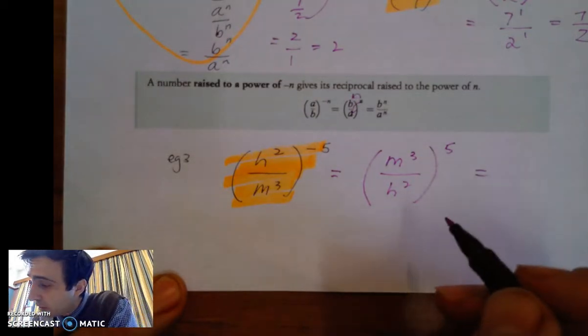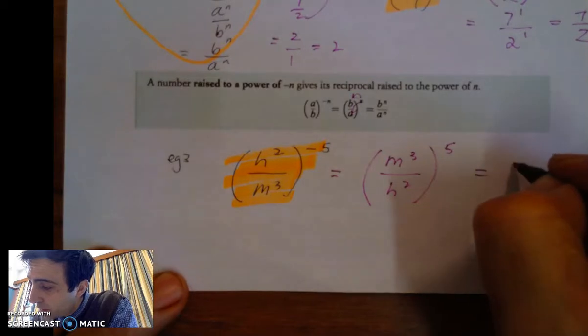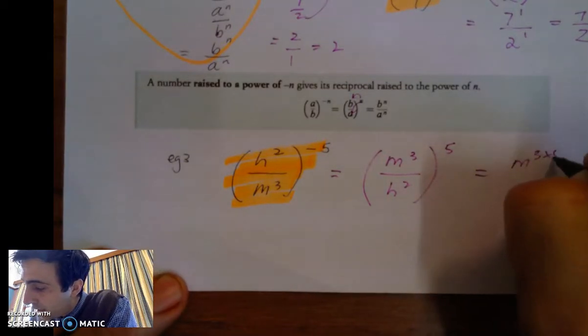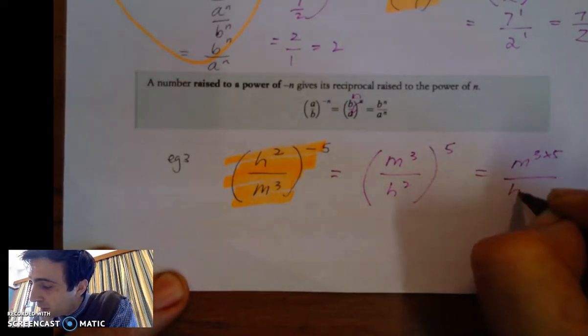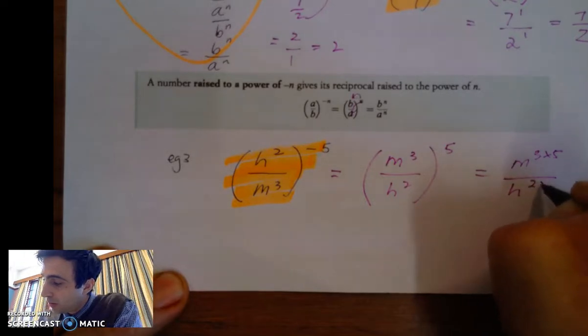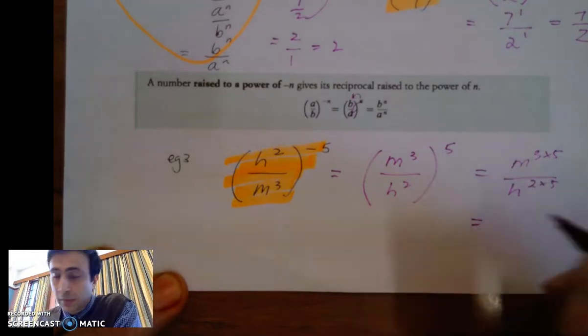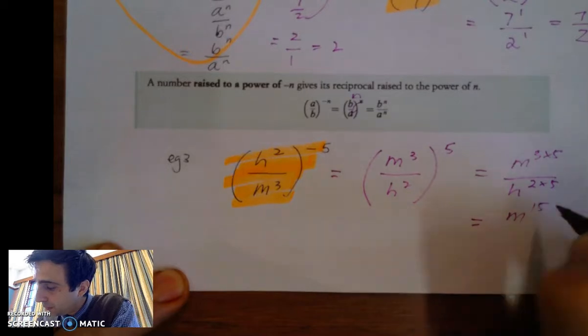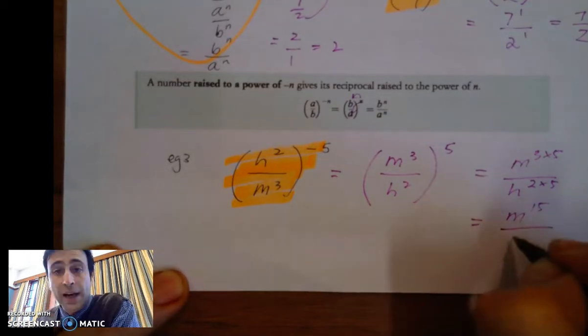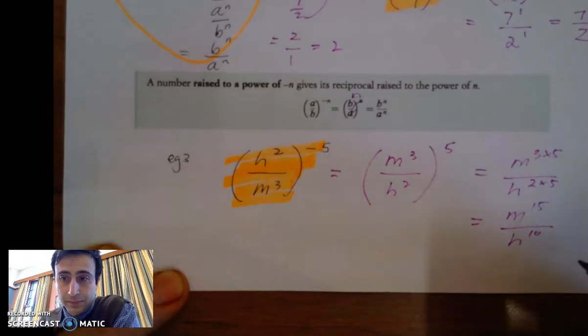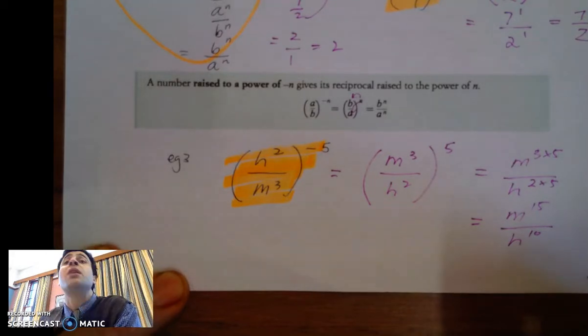So that's the same as saying m to the 3 times 5 over h to the 2 times 5, which is m to the 15 over h to the 10. Easy peasy.